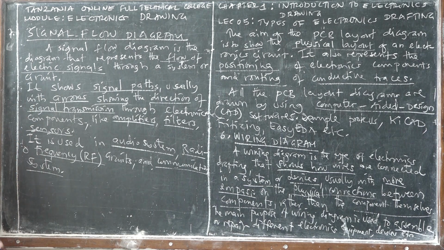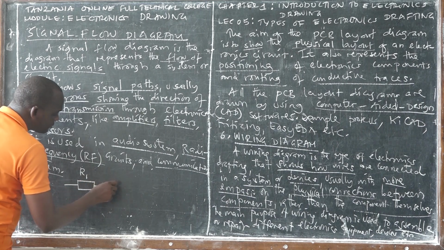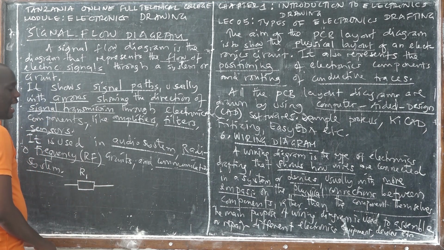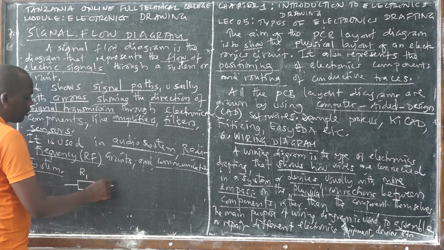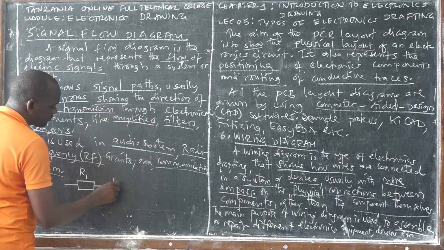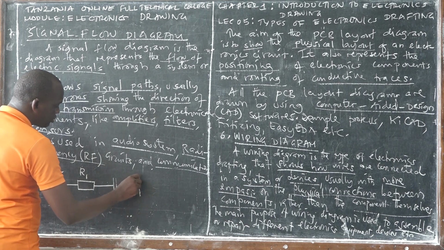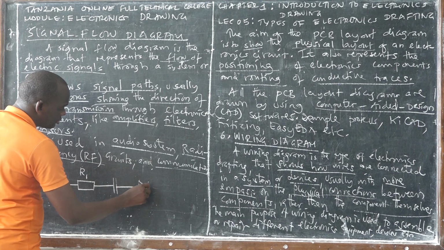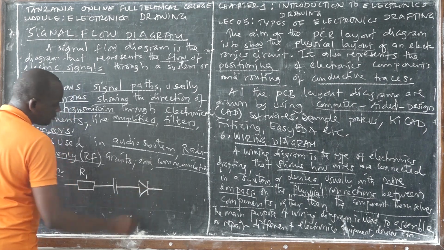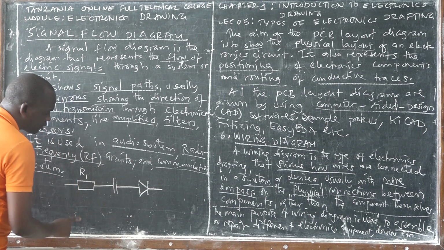So what does it mean? For instance, you can have your fundamental electronics device, which is a resistor. Then you can also have another electronics component, which you call the capacitor. Then we can have another electronics component, maybe a diode.